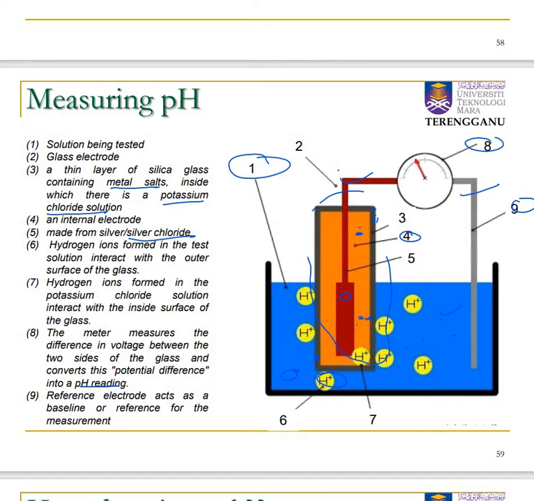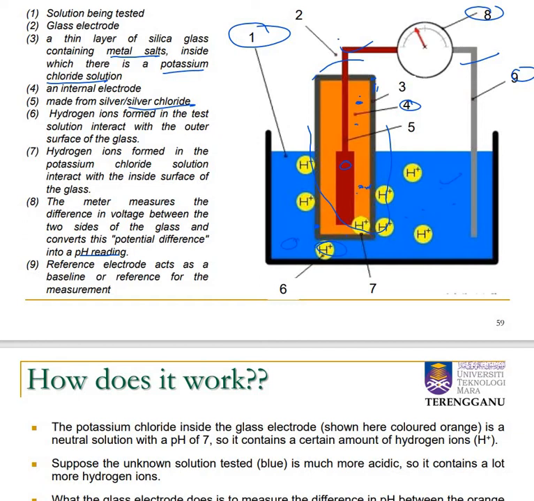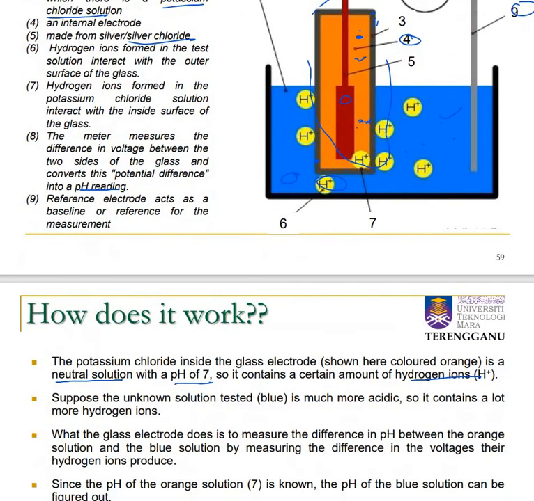Okay, now I will explain one by one how this system can measure the pH. Basically we have potassium chloride, the orange colour one. The pH of this potassium chloride is 7. It is a neutral solution. This neutral solution has a certain amount of hydrogen ions. This blue solution is an unknown solution.